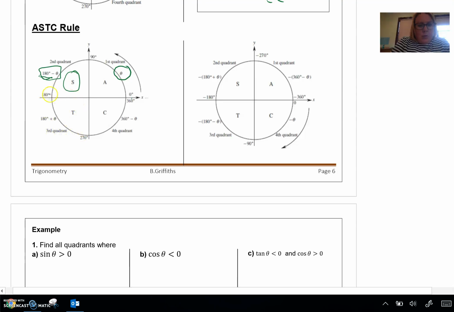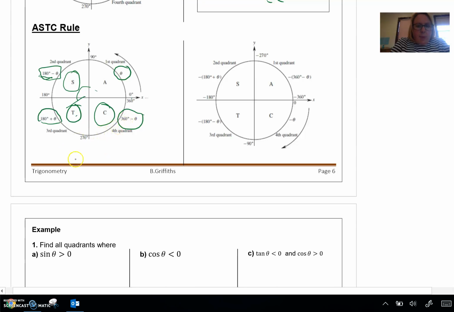In the third quadrant, which is between 180 and 270, our angle is 180 plus theta, because we came around here. Tan is positive, that's why there's a T. And in our last quadrant, or our fourth quadrant, cos is positive, which we discovered up there anyway, and we call it 360 minus theta.